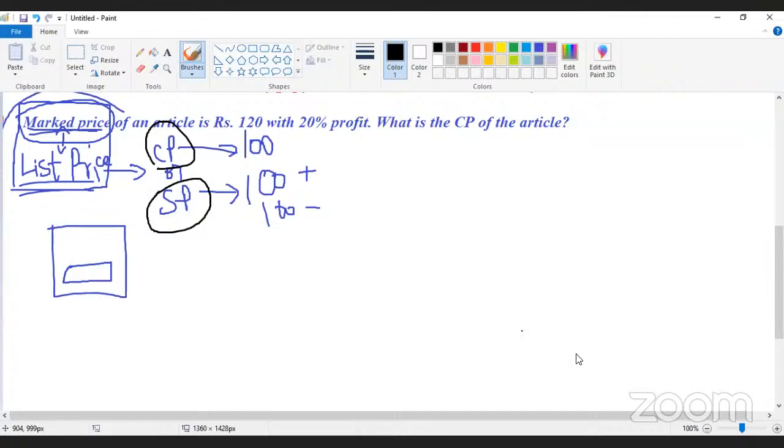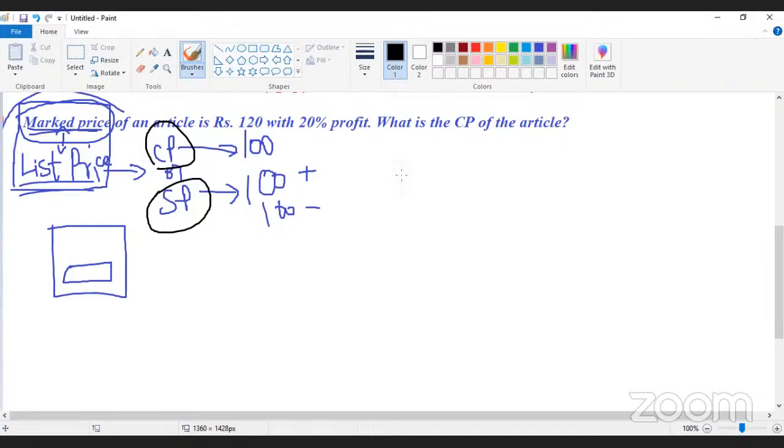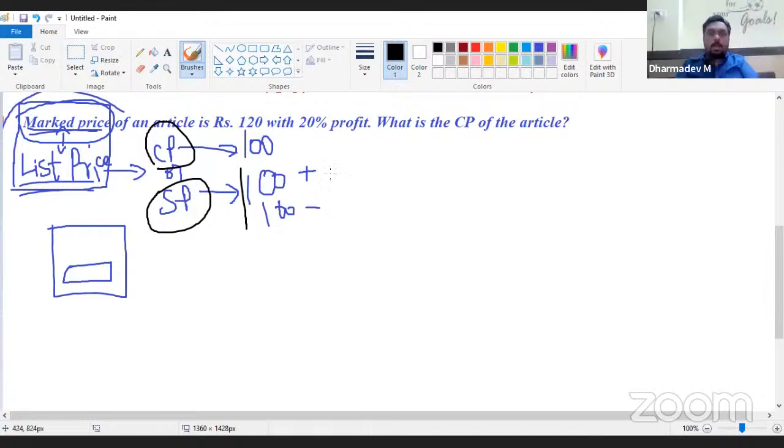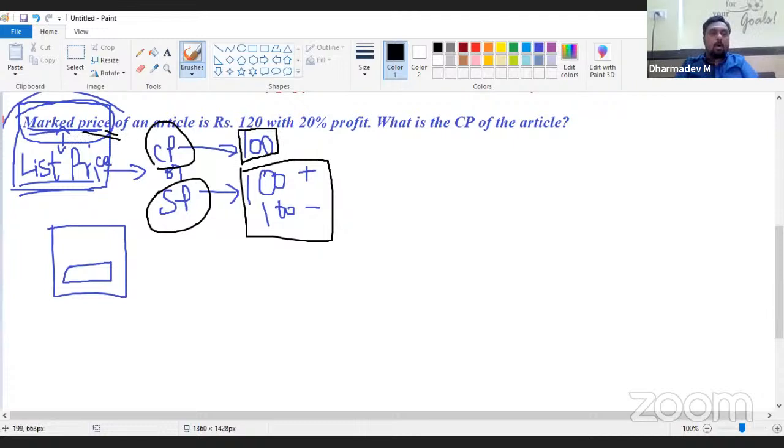The selling price could be 100 plus or 100 minus. Cost price is 100. So the mark price can be cost price or selling price. If you have this understanding, you'll be able to easily solve this. It's only the logic.